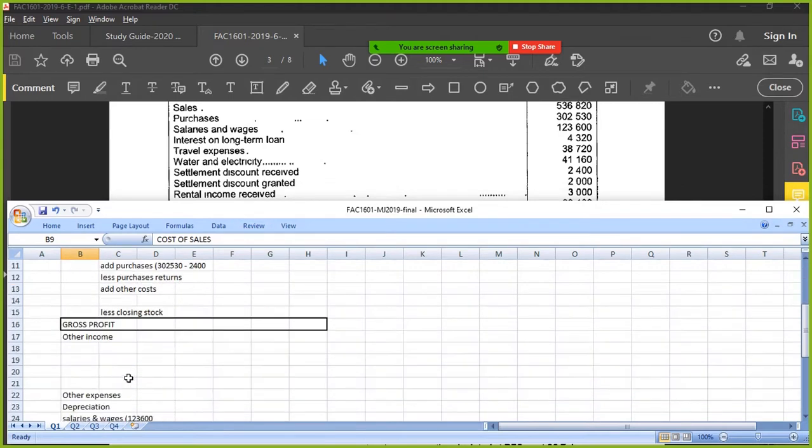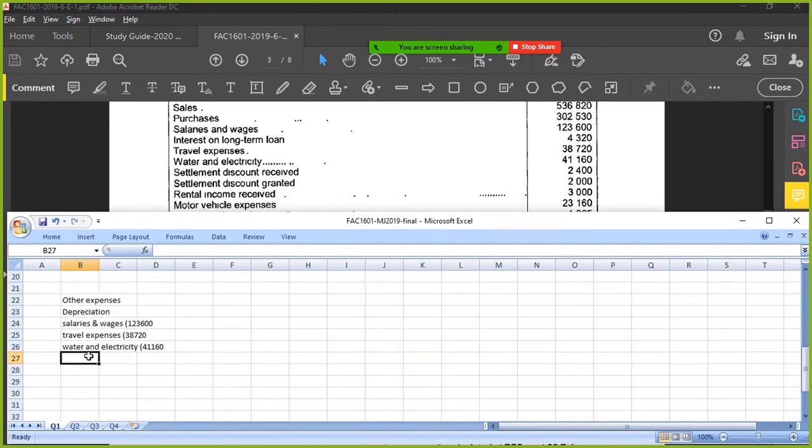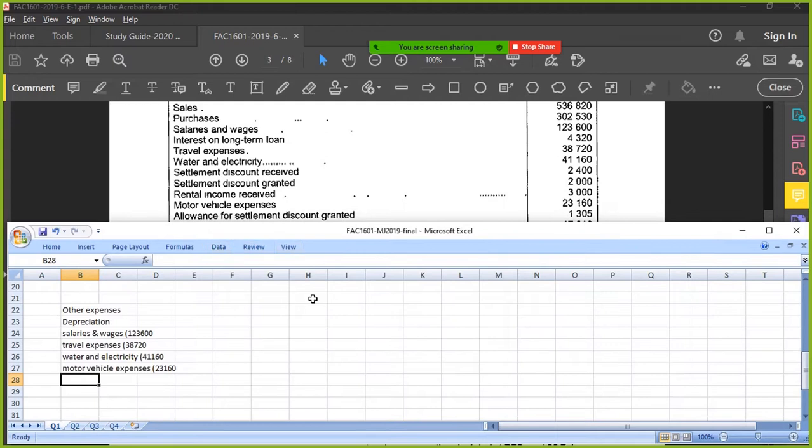Rent income received, 3,000. Motor vehicle expenses, 21,160. Okay, is all of this okay so far? Yes. Just normal disclosure, hey?